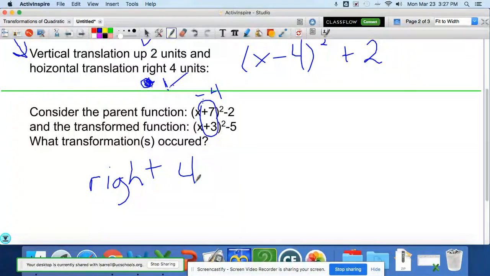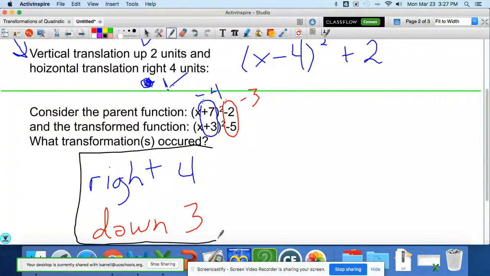Then, out on the very end, we went from a -2 to a -5. That's subtracting 3, which means we went down 3 as well. These two translations combine to be our answer from our parent function to our transformed function.